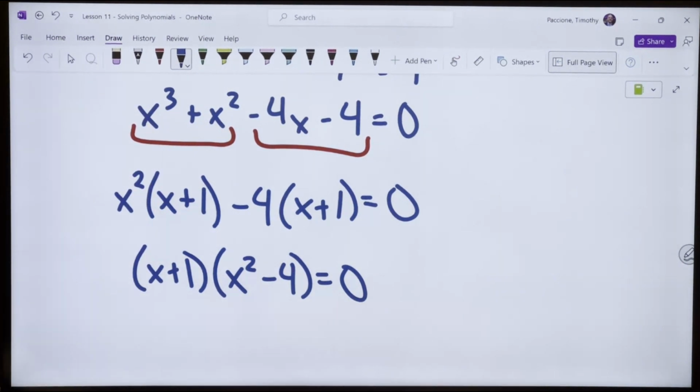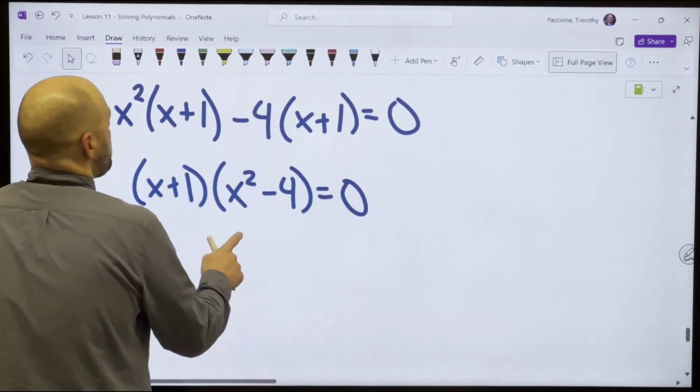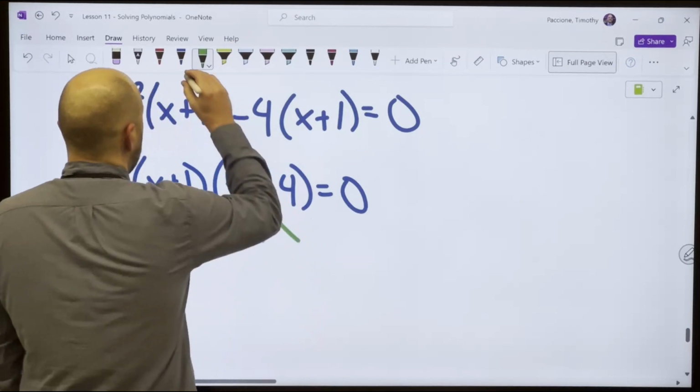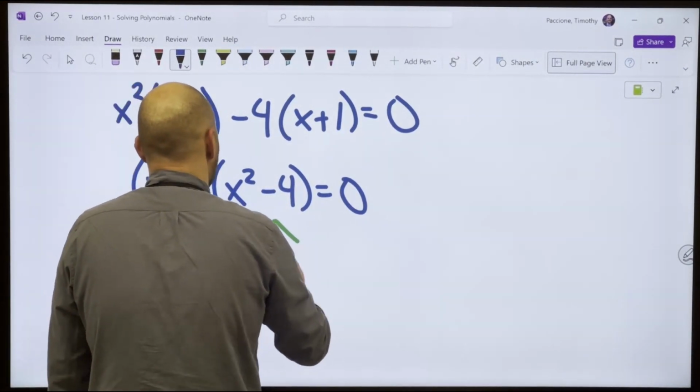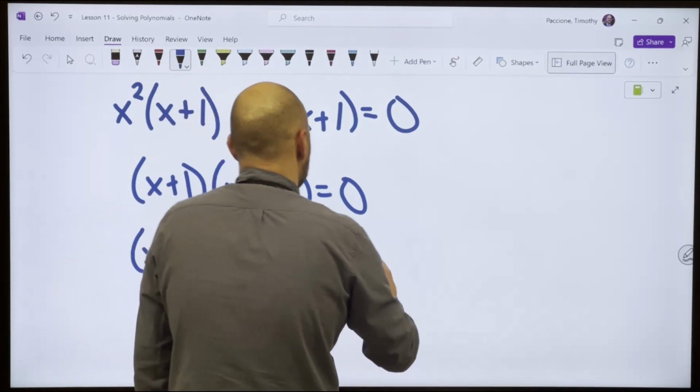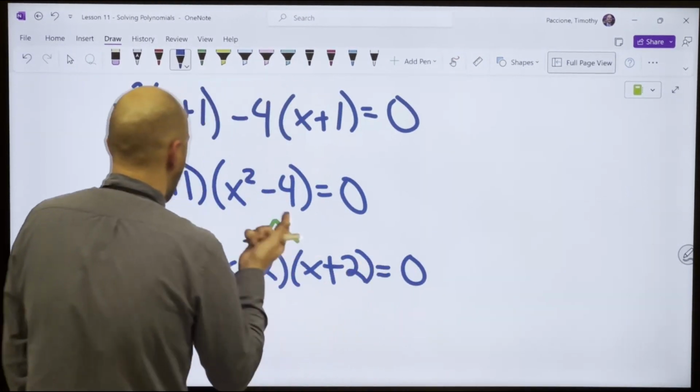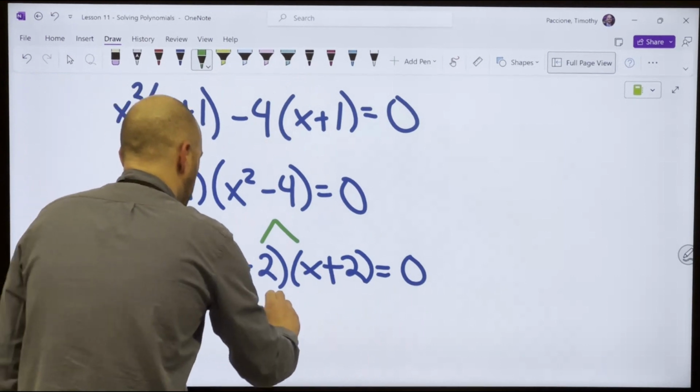Okay, so am I ready? Yep. Anybody notice anything? Difference of perfect squares, right? So I get x plus 1, x minus 2, x plus 2 equals 0. And then break it apart.